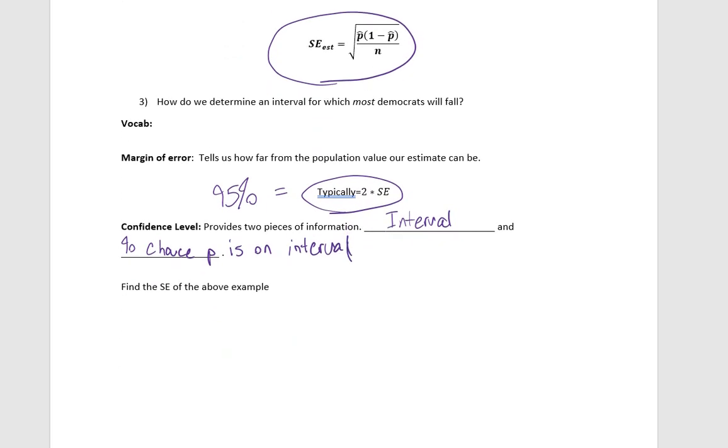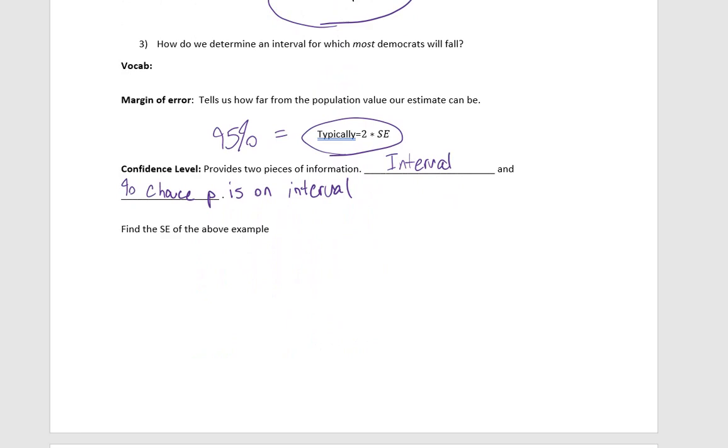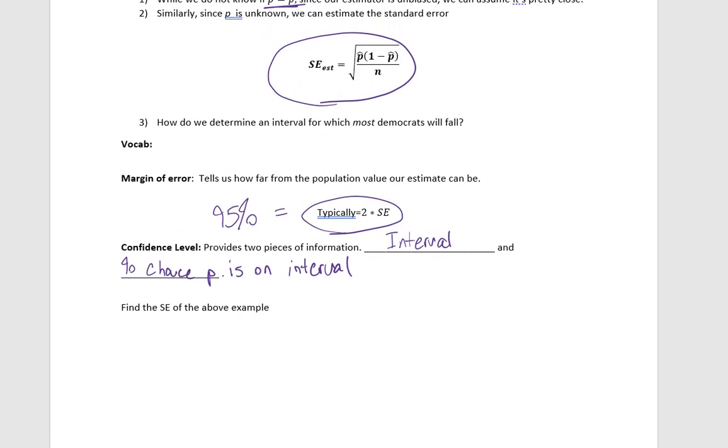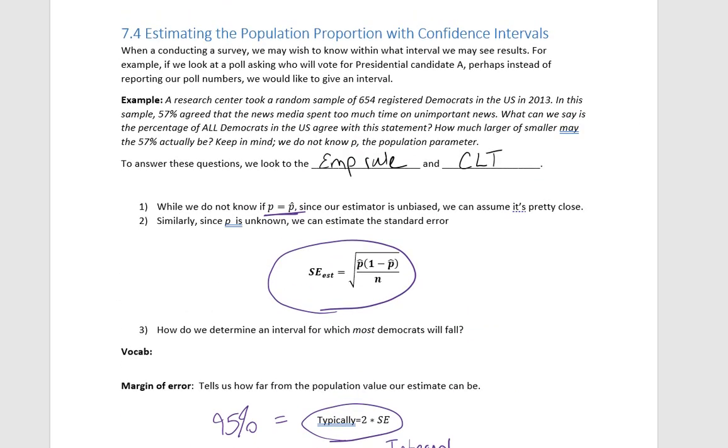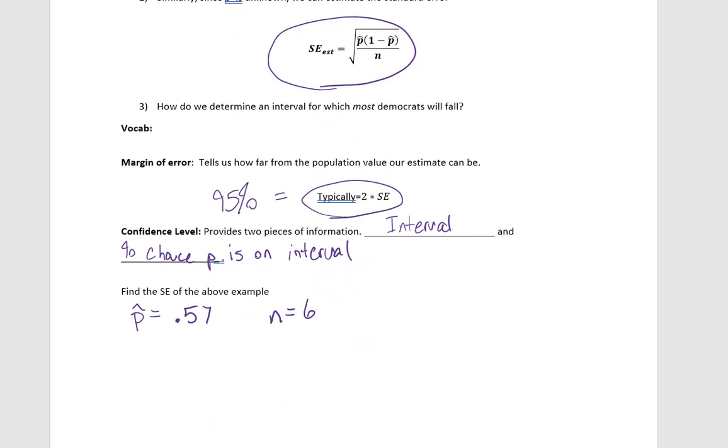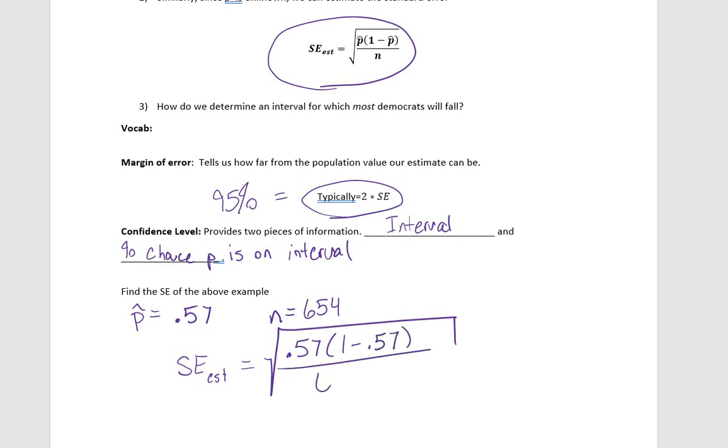First off, let's go ahead and find the standard error given the example above. We had that p hat was 57%, which is 0.57. We also had that our sample size was 654. So our standard error estimate, which you can also just call standard error, is going to be the square root of 0.57 times 1 minus 0.57, divided by 654.